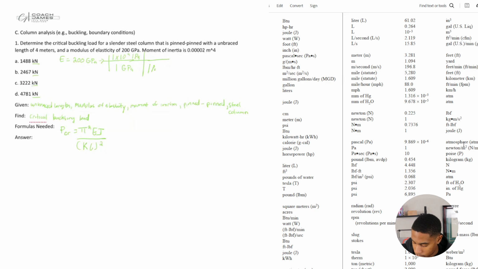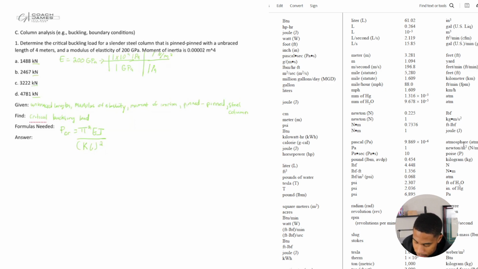So just something to keep in mind. Typically I will just leave it in pascals, but at the same time, if I ever need to flip it to newtons over meters squared, I can. But typically you want all your units in newtons or meters.